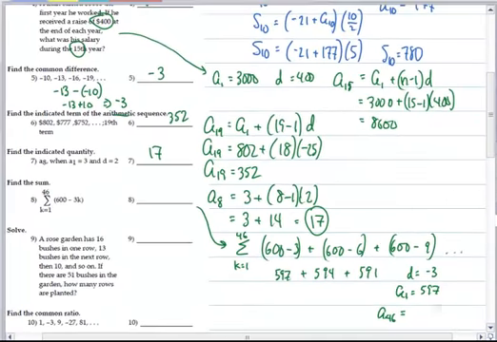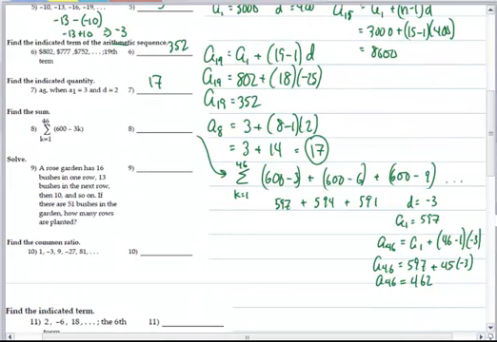So we find our 46th value to be 462, and now we can just plug that into our summation equation. So the sum of 46 terms is equal to our first, which was 597, plus our last, 462, multiplied by 46 divided by 2.